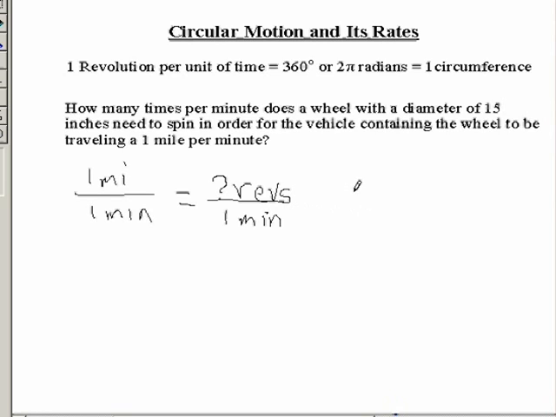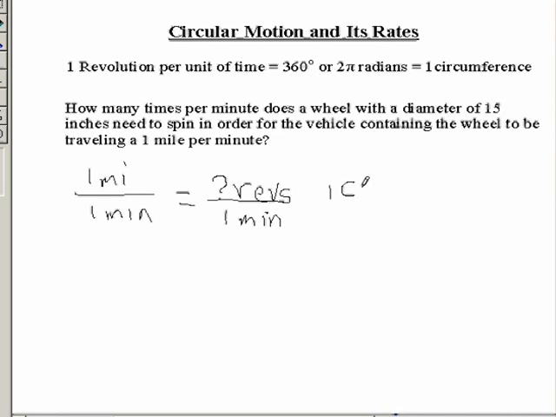Well, so how many miles are there in 1 revolution? Well, obviously there's not a number of miles, since our wheel is described as having a diameter of 15 inches. Then 1 revolution is going to generate for us a circumference measured in inches.